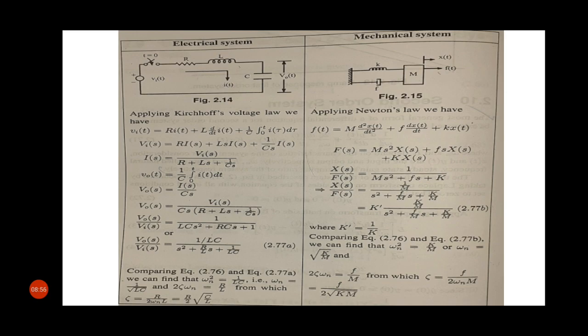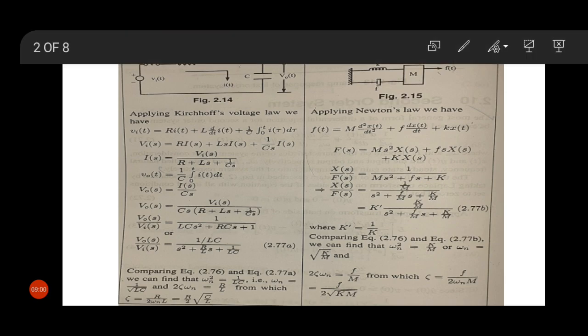Now see, here we have taken one extra term K dash in this equation. Here K dash is equivalent to 1 by K. Why do we take K dash?